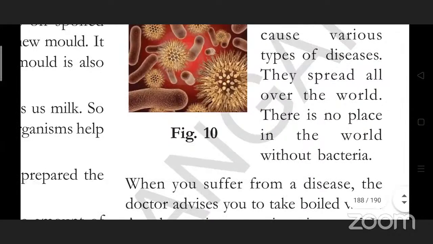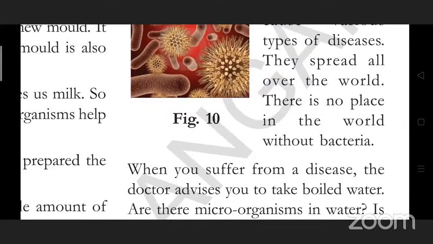You can identify that, for example, listen. You may collect water from a well, a tube well. You may collect water from a pond. So where can you identify a higher amount of bacteria? The water you collect from the tube well, the bore well, has no bacteria.